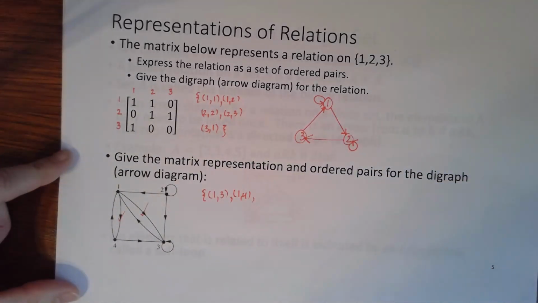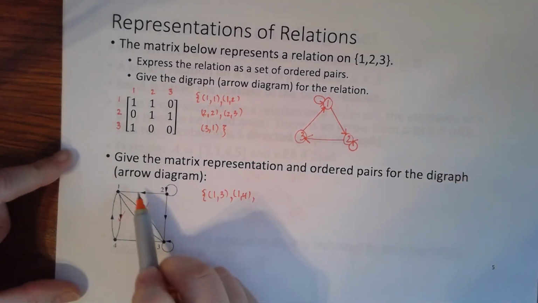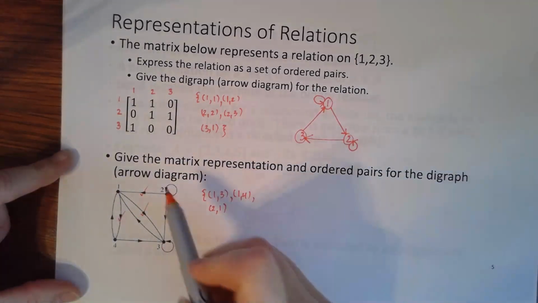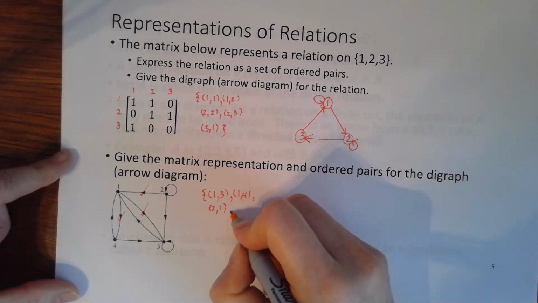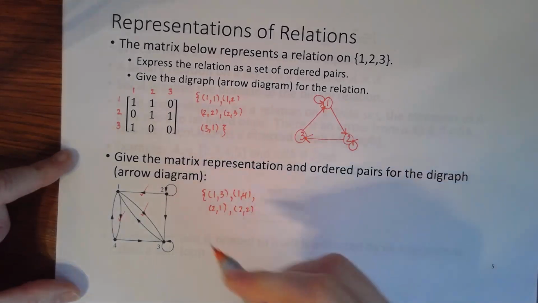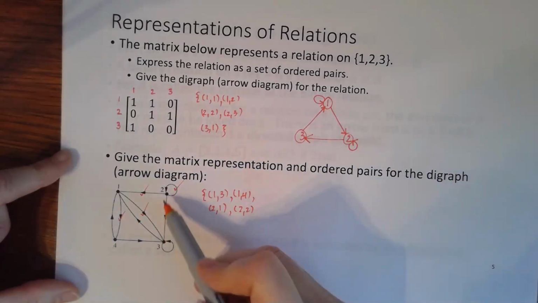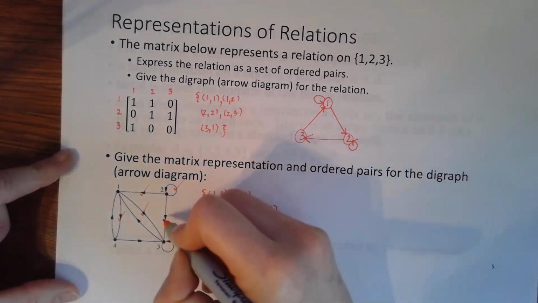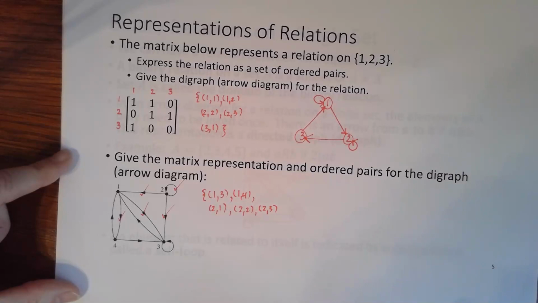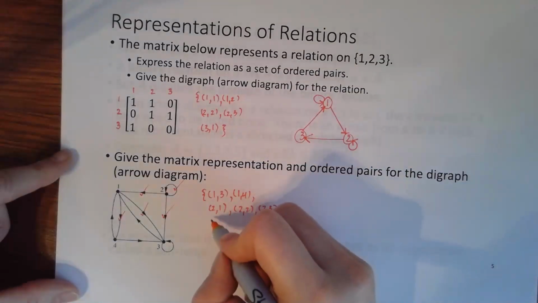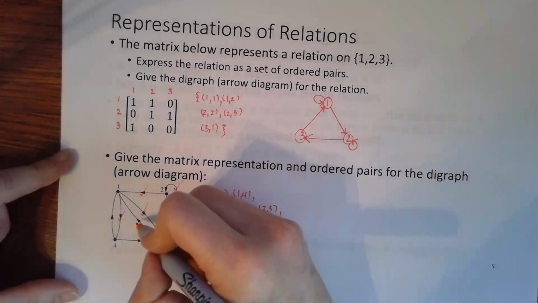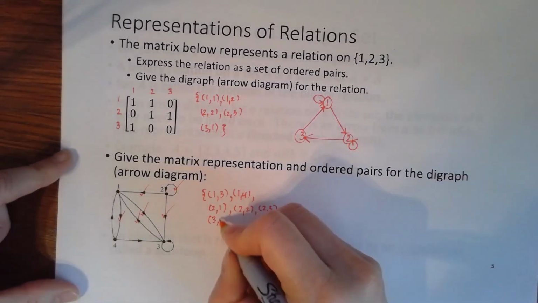If we go on to 2, 2 is related to 1. 2 is related to itself because of that self loop there. So I got that one, and then 2 is related to 3. And that seems to take care of everything from 2. Let's go to 3. So is 3 related to 1? Yes, it is. There's an arrow going back there.